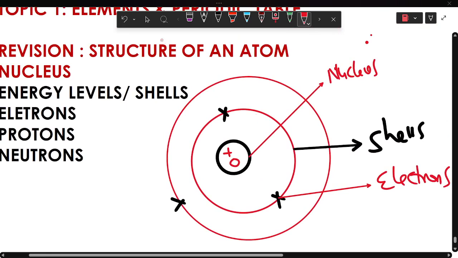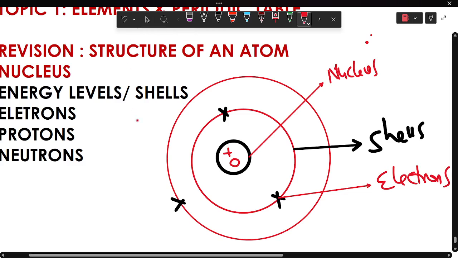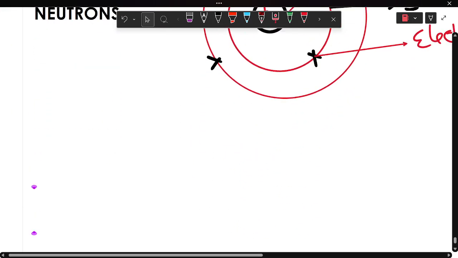Okay, so today we'll talk about the elements and the periodic table. So normally, what is an element? Alright, so we have an element and then we also have a compound, right? Yes.